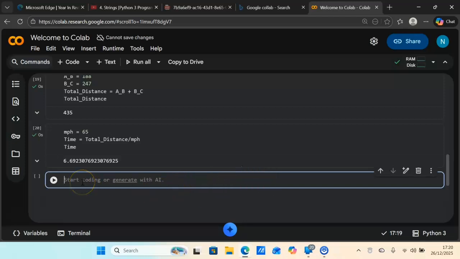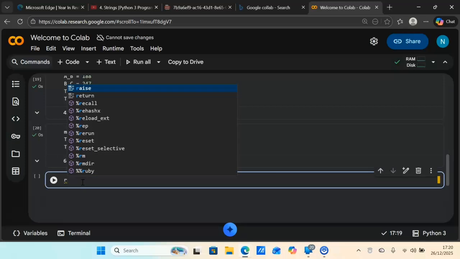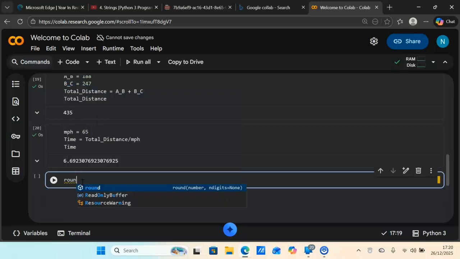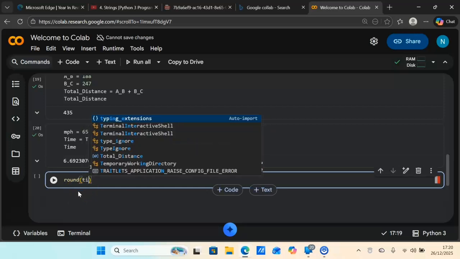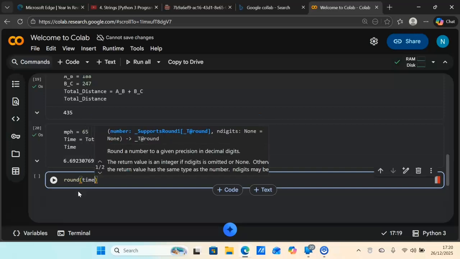In Python, we have an operator that we use to round up numbers. So this is what we're going to do. We're going to have round, then you open a bracket. In this bracket, your first argument should be time. Then, because this is what you want it to work on, you put the number of places you want it to round up to.